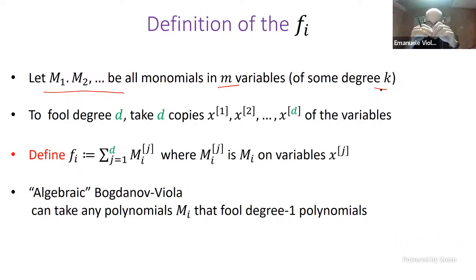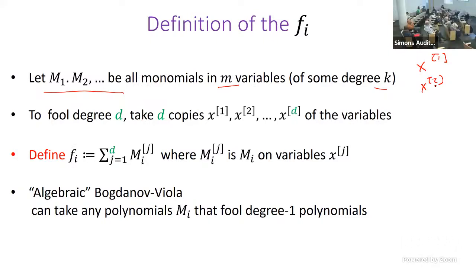And then just like in the paradigm from before, if you want full degree D polynomials, you're going to take D copies of the variables. If you have a variable x, I'm going to have variables x^1, copy x^2, and so on. So in the superscript, I have which copy of the variable. You can think of the variables as being in a matrix. You have D copies, and my f_i, which was the ith output of my generator, is the ith monomial summed over every possible copy of the variable.